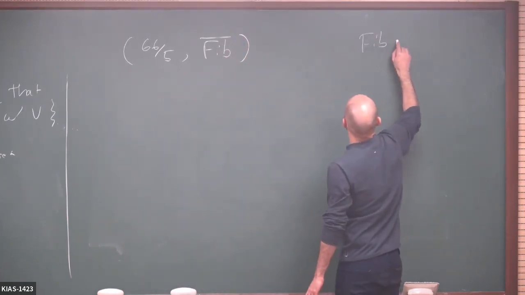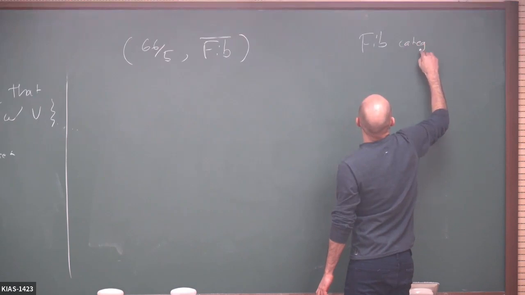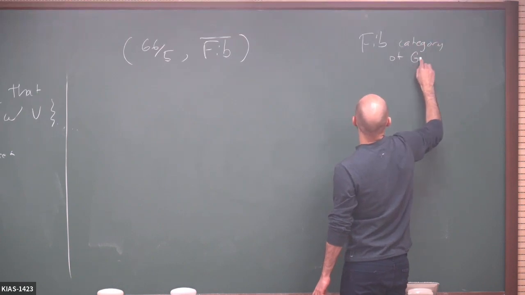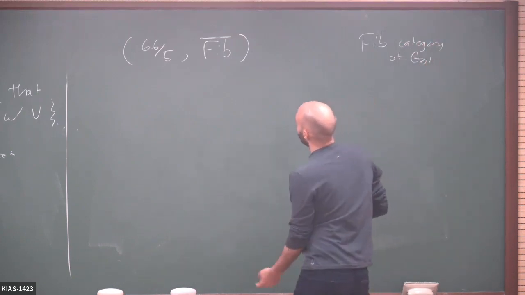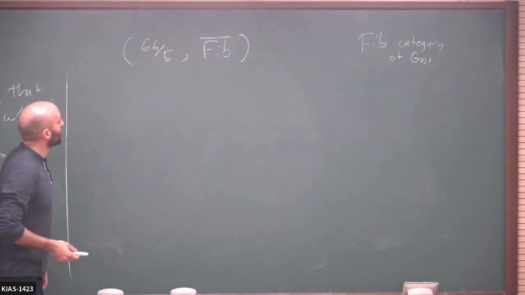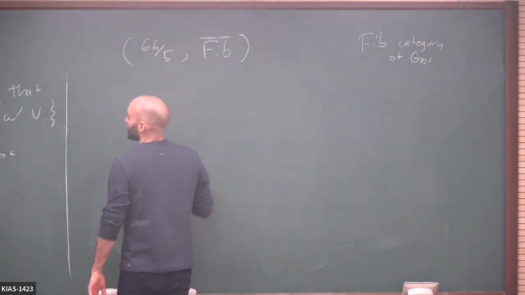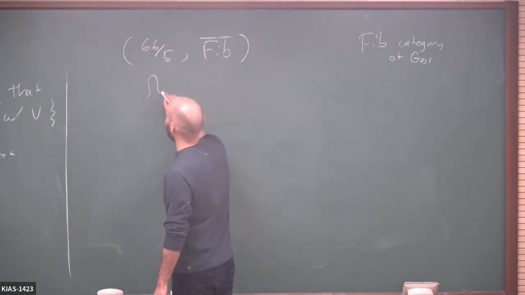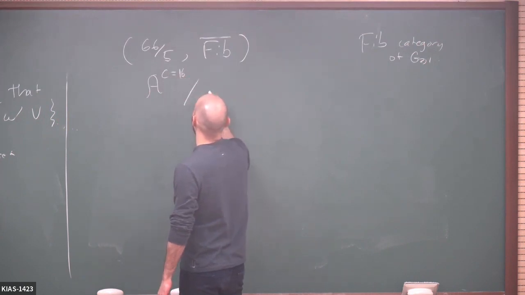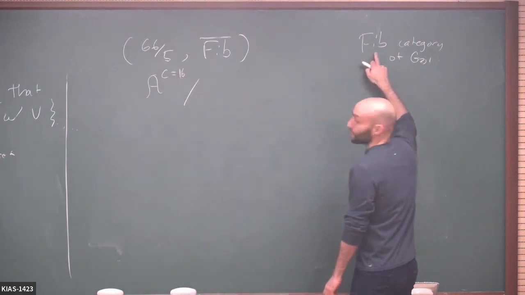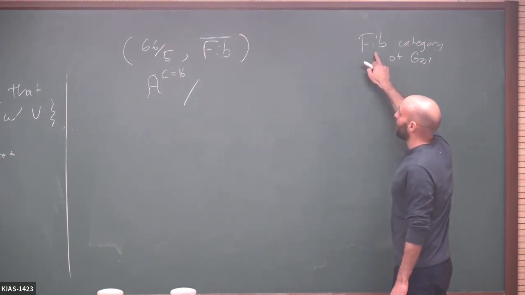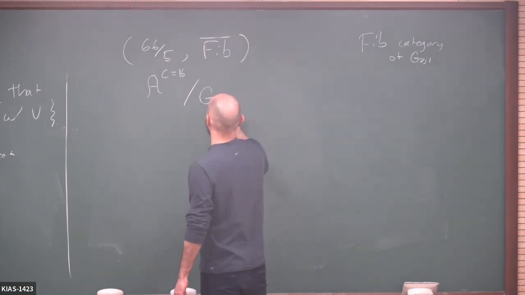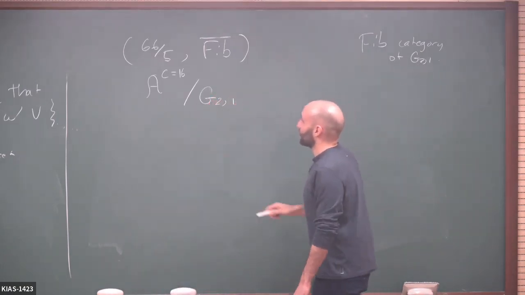Fibonacci is the category of G2 level 1. So what this gluing principle tells you is that any such theory should be a coset of a meromorphic theory with c equals 16 by a theory in this Fibonacci category. So we'll take that to be G2 level 1, which is basically fixed for you. It's the unique one.